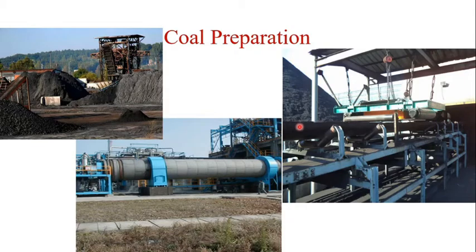The pulverized coal is moved through these conveyor belts. As it comes near the magnets, the metallic parts get attracted towards the magnet, and then this coal, free from the magnetic particles, is sent to the boiler.